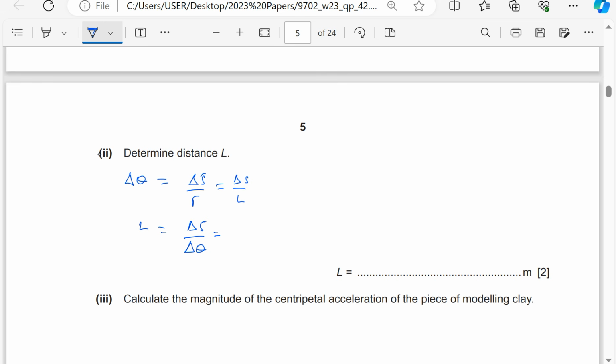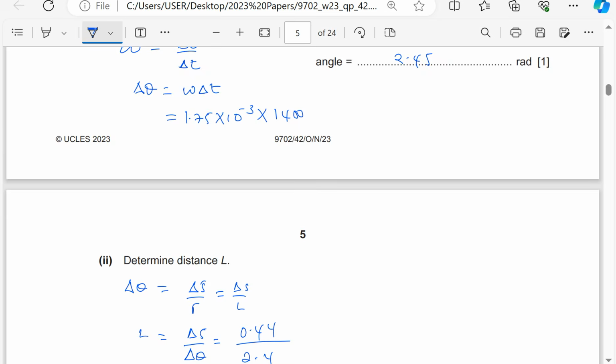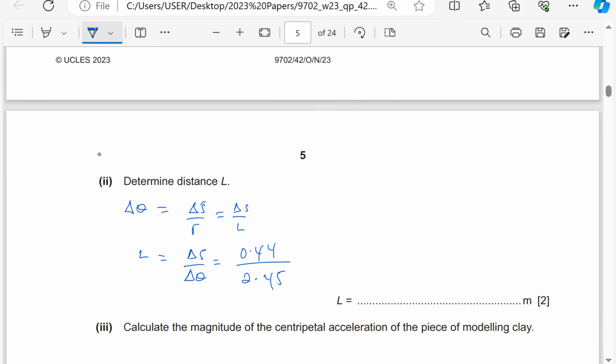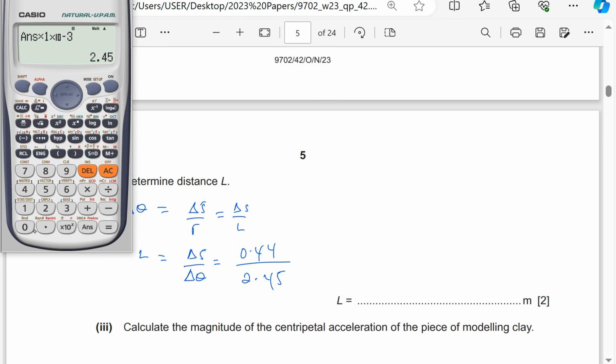They said it moves through a distance of 0.44. So this is 0.44 divided by delta theta, which is 2.45. So 0.44 divided by the answer.